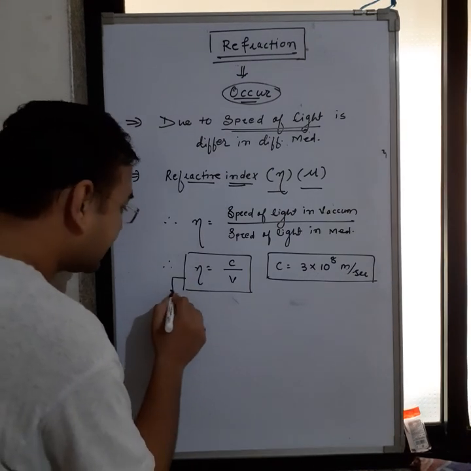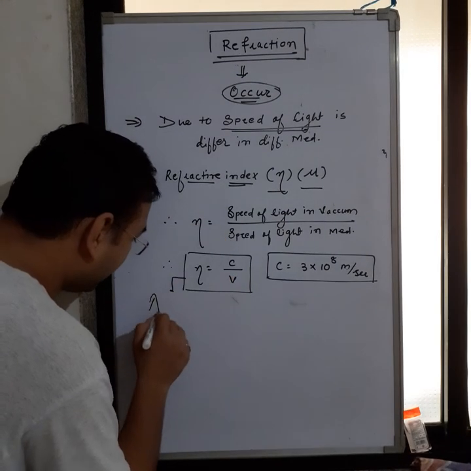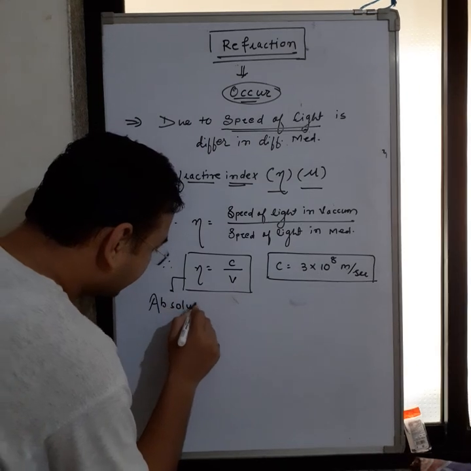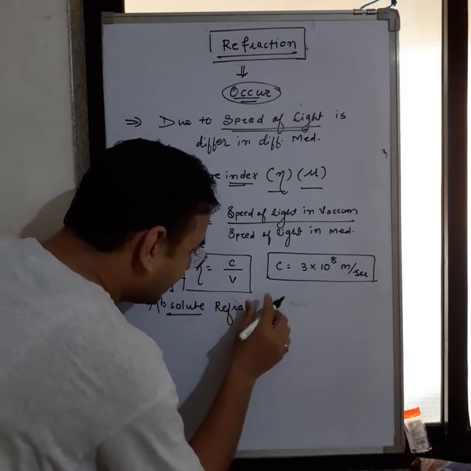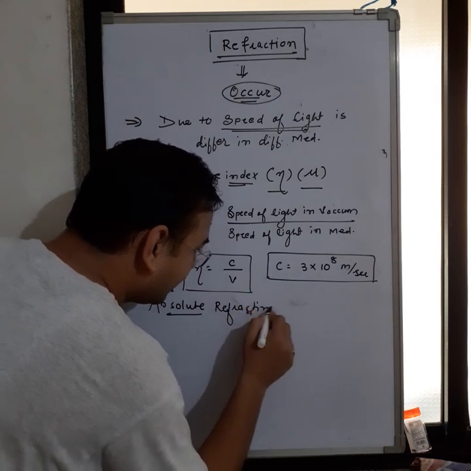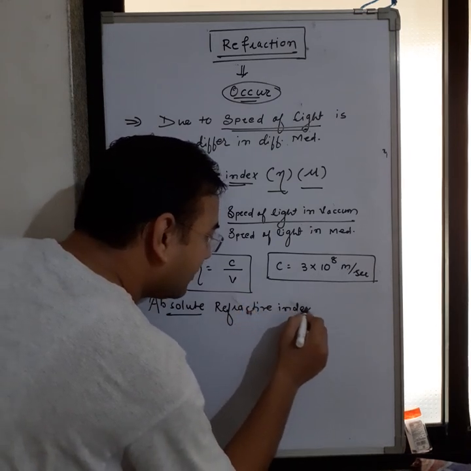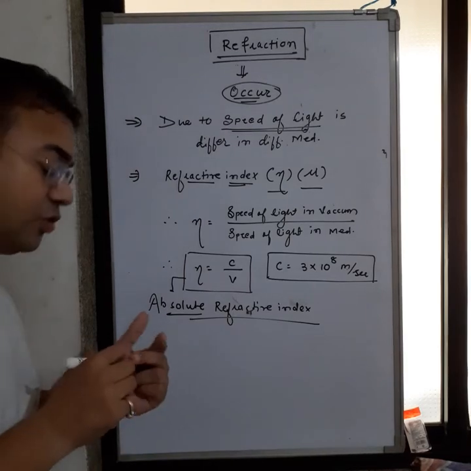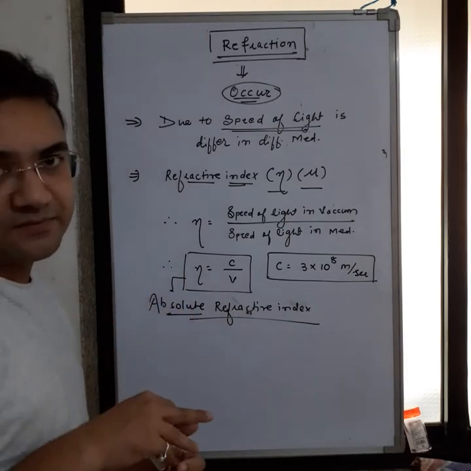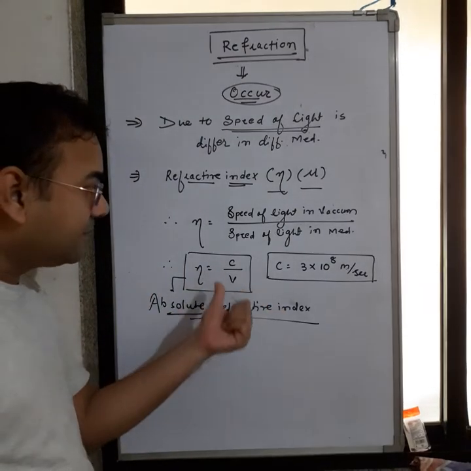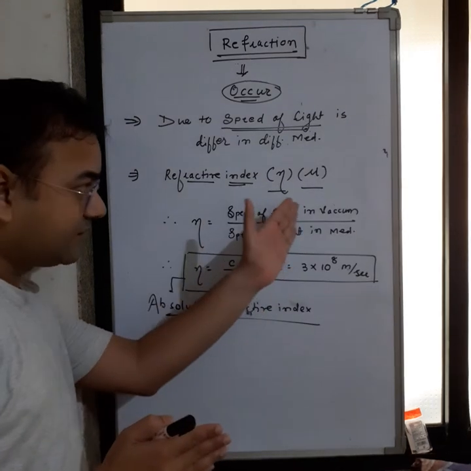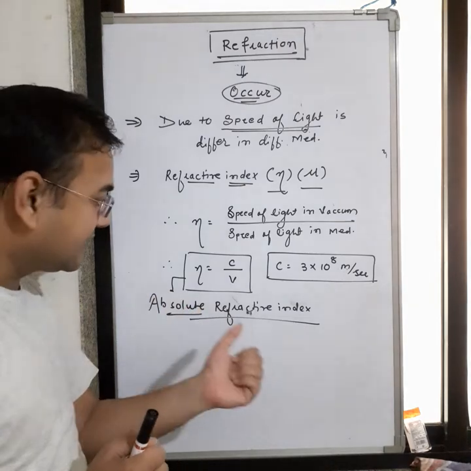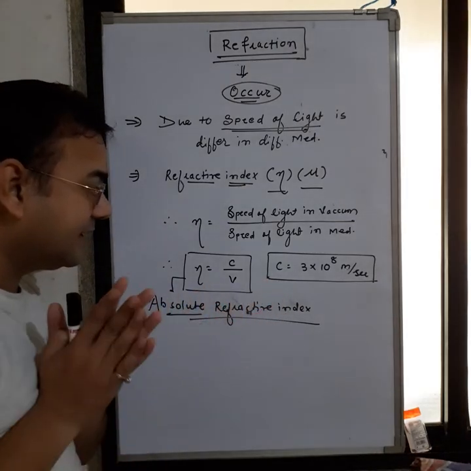This refractive index is also known as the absolute refractive index. What do you mean by the absolute refractive index? Once we compare the speed of light with the comparison with vacuum, then it is considered as the absolute refractive index.